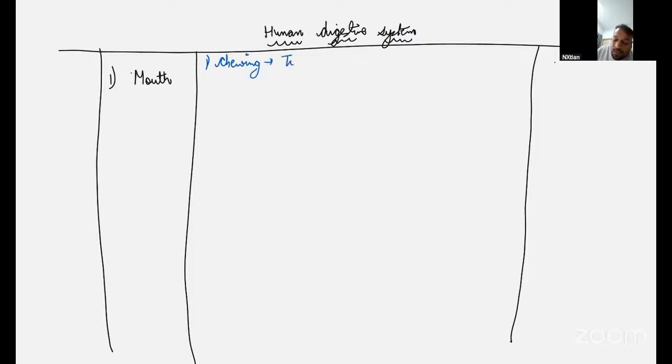To make big food particles into smaller particles. When we chew, our teeth convert it into smaller particles so that the enzymes can work on it easily. Are you getting this? Yes.